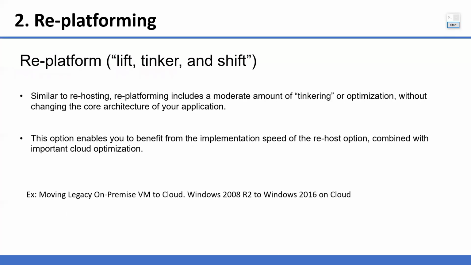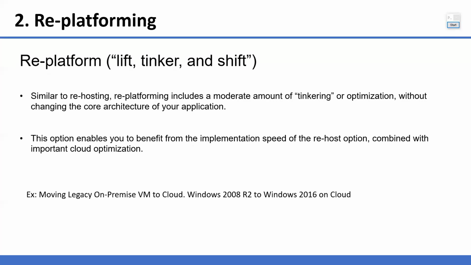The second strategy is replatforming. Replatforming is an advanced version of lift and shift with some optimization. It is similar to rehosting, but includes a moderate amount of optimization without changing the core architecture of the application.